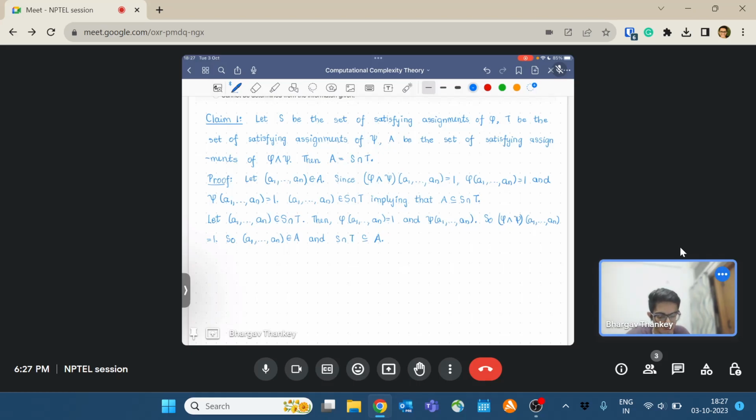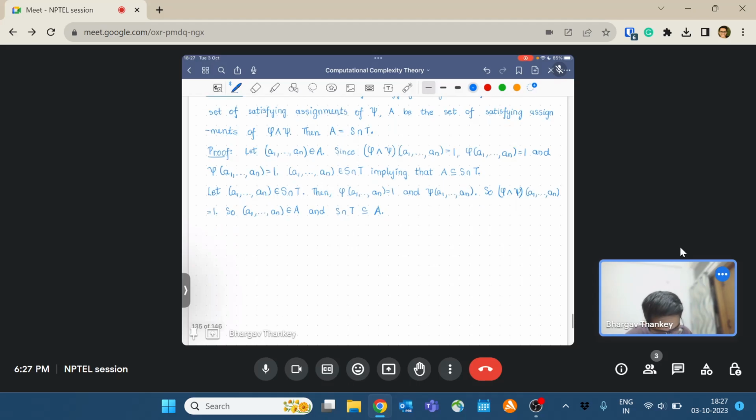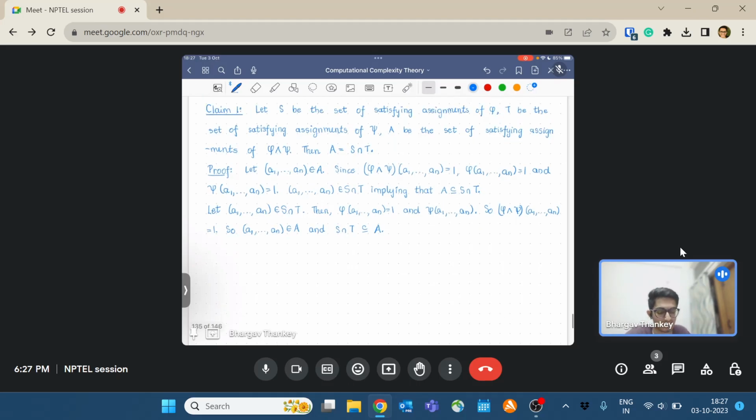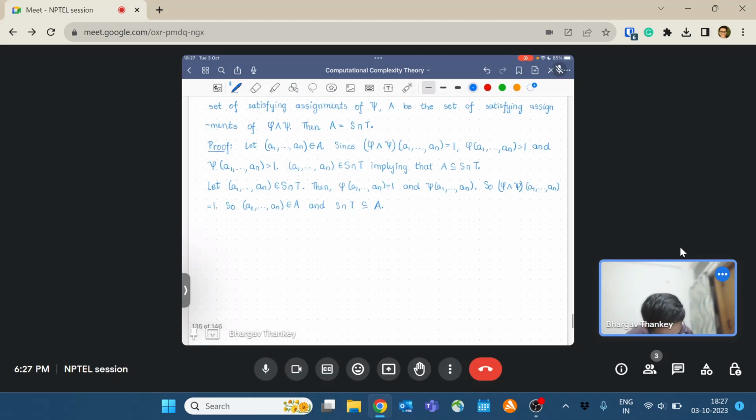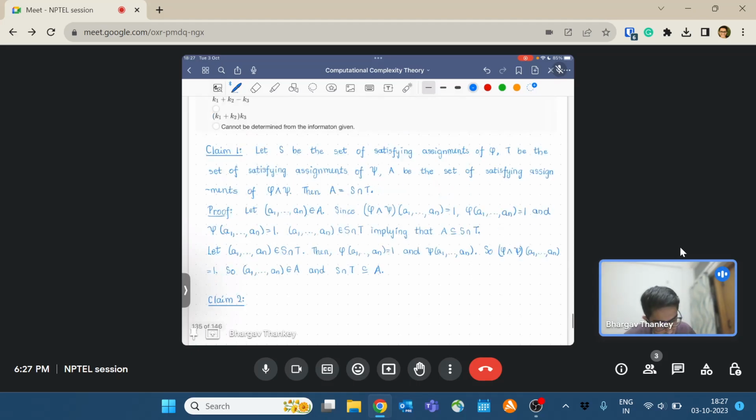And now let's also prove a similar characterization for the set of satisfying assignments for phi or psi. So most of the claim is the same. So let me just copy it.